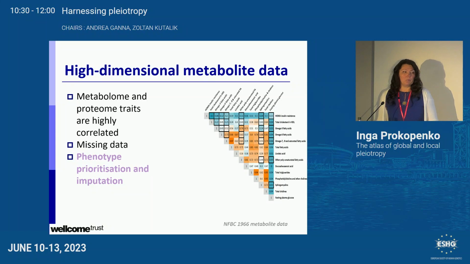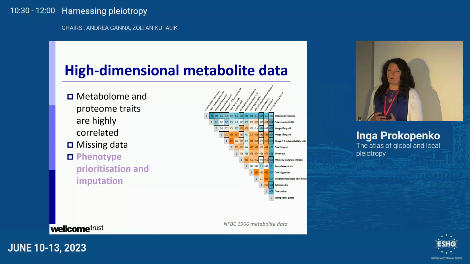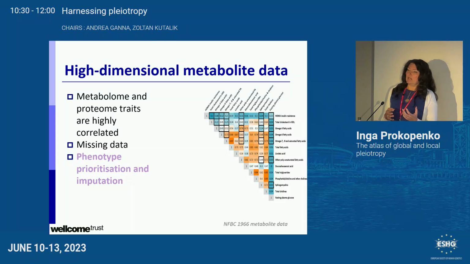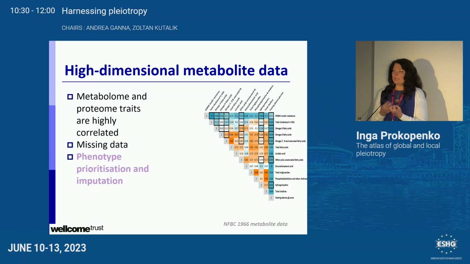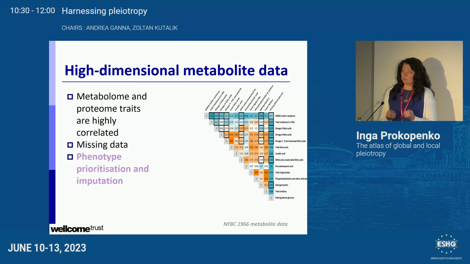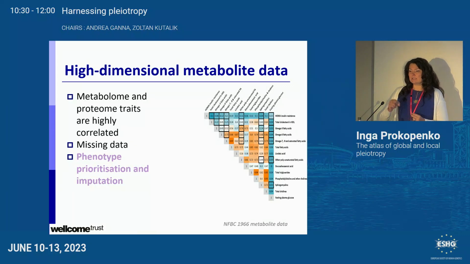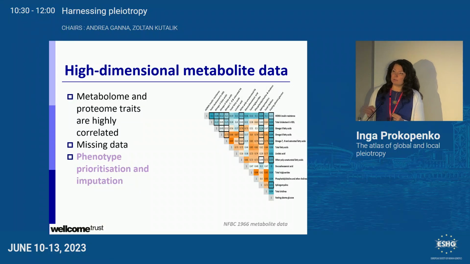Now, we have many other levels of omic data. And if we think about metabolome or proteome phenotypes, they are highly correlated. And that's why the previous speaker mentioned whether we actually need to start dissecting the relationships between them, because they are so tightly related that they might be just different steps in the biological processes.